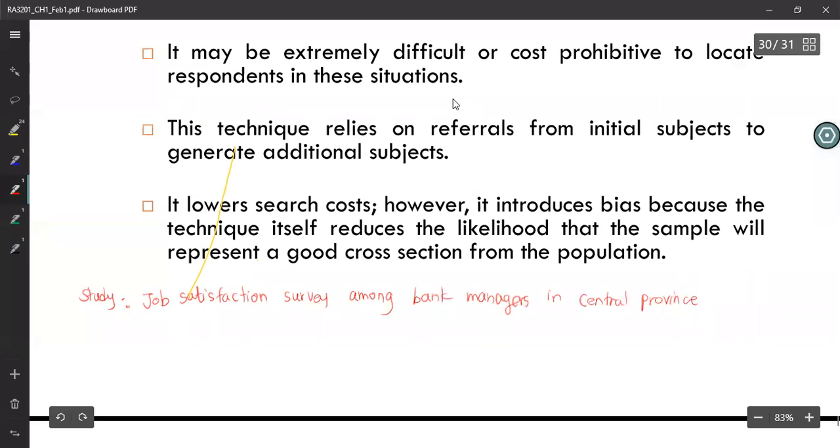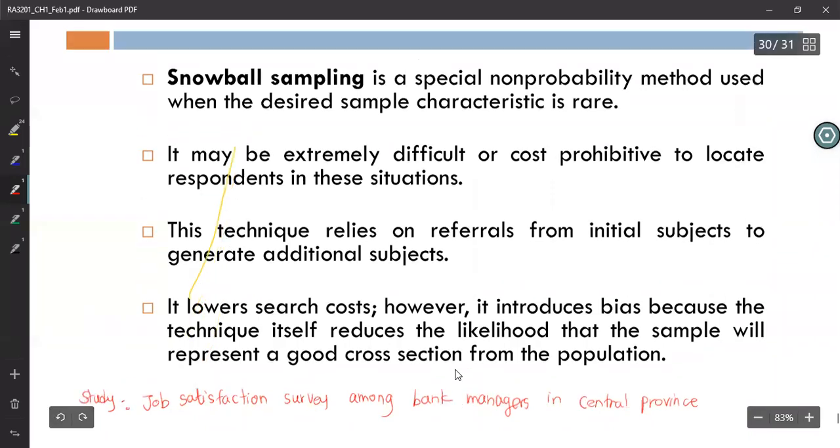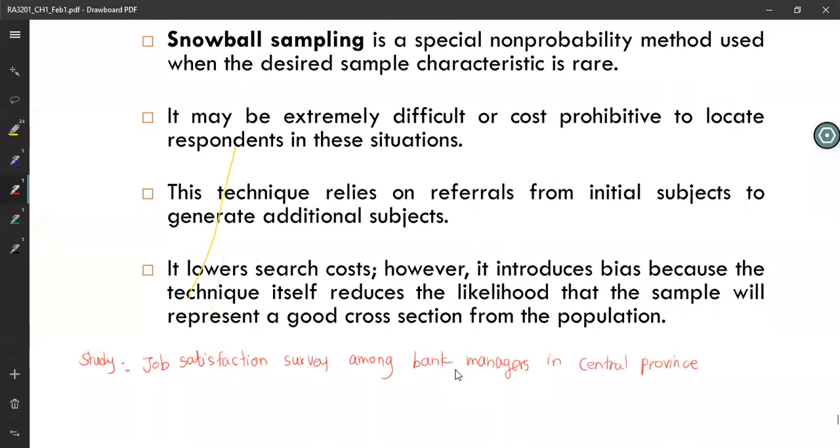So you want to do a job satisfaction survey. You have prepared a questionnaire and you have to distribute it among bank managers in Central Province, let's say both public and private banks. Now you do not know all these bank managers, right? But you know a few of your friends.